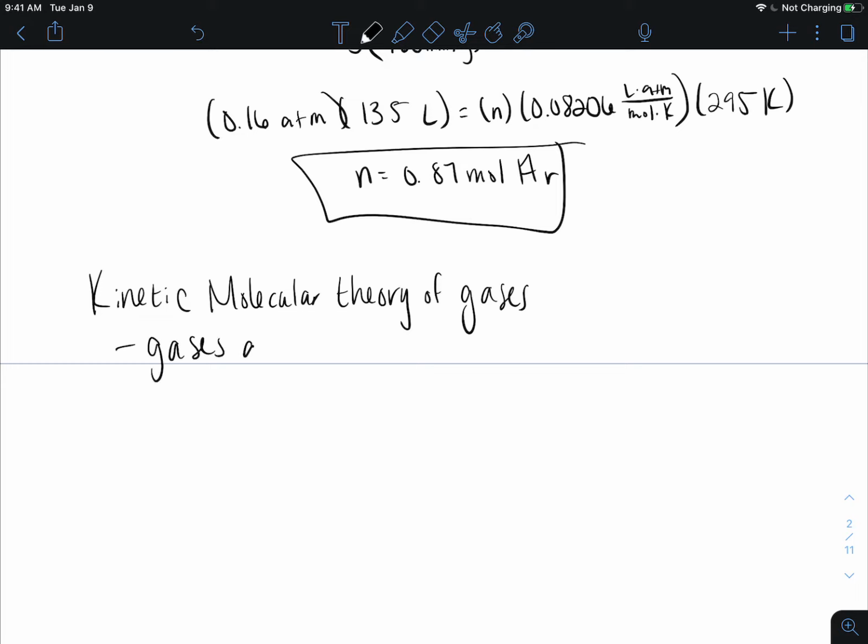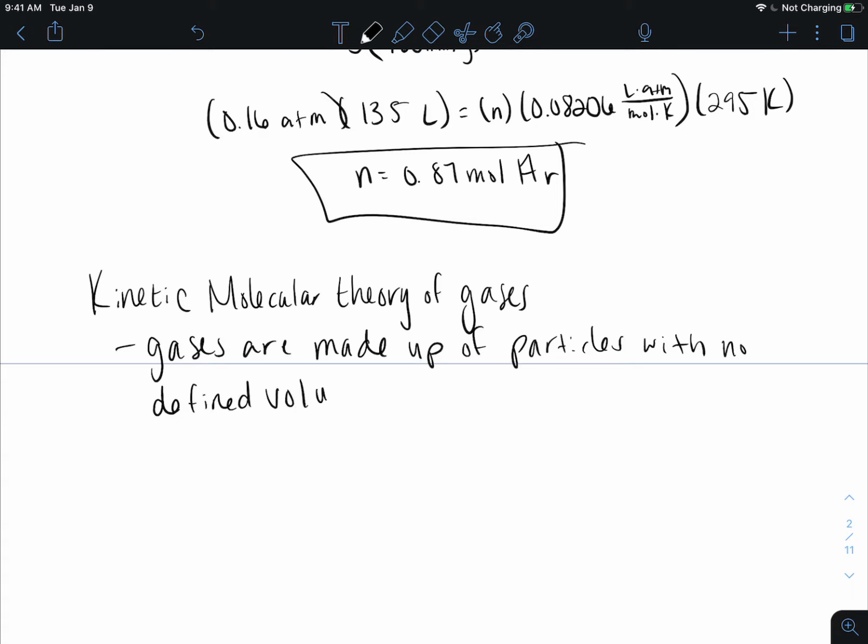So gases are made up of particles with no defined volume, but with mass. So they are volumeless in comparison to the volume of the gas itself.